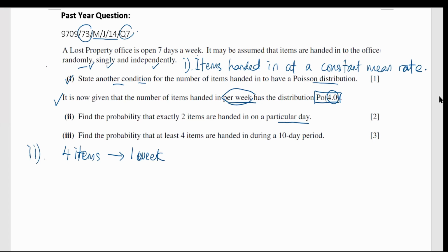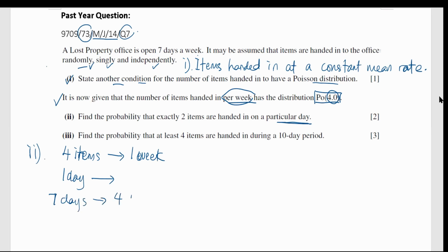But in order to answer the question, 2 items handed in on a particular day, we are expecting the interval to be 1 day. Can you see that? We have to find the corresponding mean value for 1 day instead of 1 week. 1 week means 7 days.